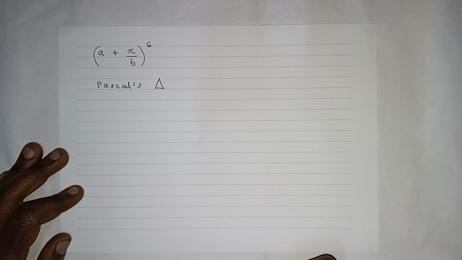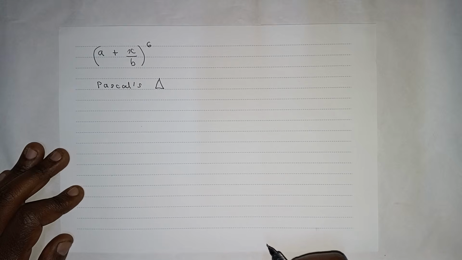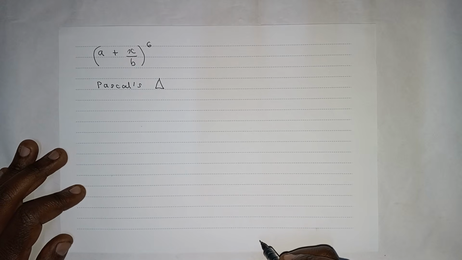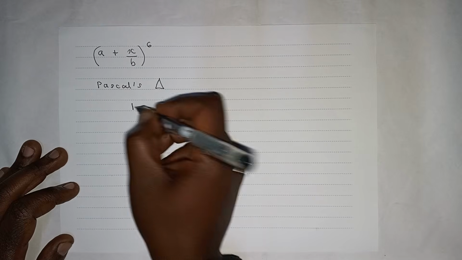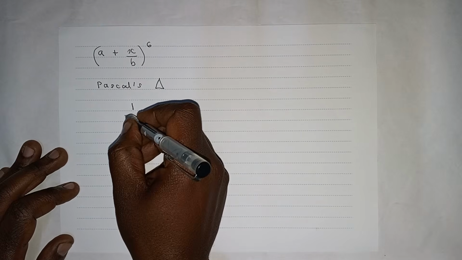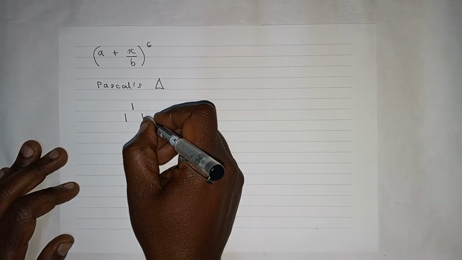In the Pascal's triangle, the first and the last numbers of each row are always 1. So in the first row, we have 1. In the second row, we have a 1 and a 1.